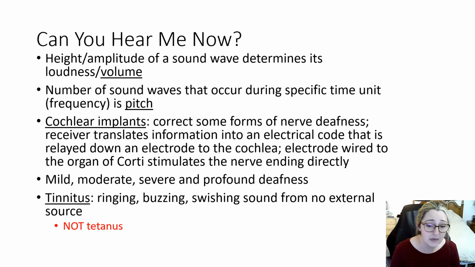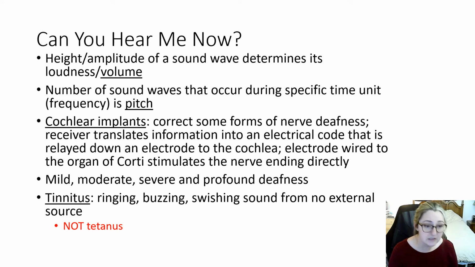A few things I want to go over as far as more about hearing: the height and amplitude of a sound wave is going to determine its loudness or volume. The number of sound waves that occur during a specific time unit, or frequency, is going to be known as pitch.